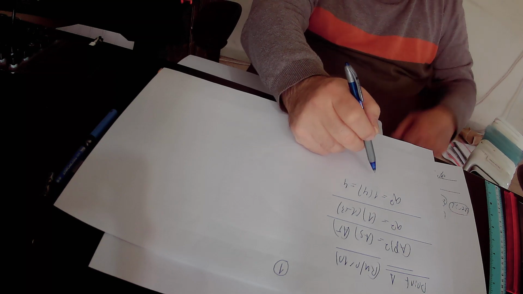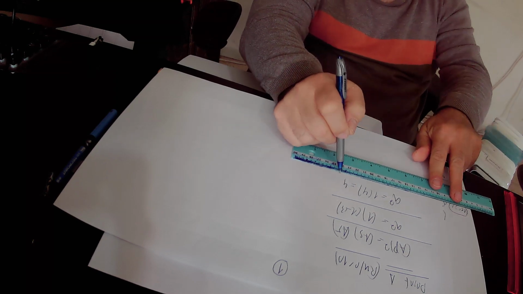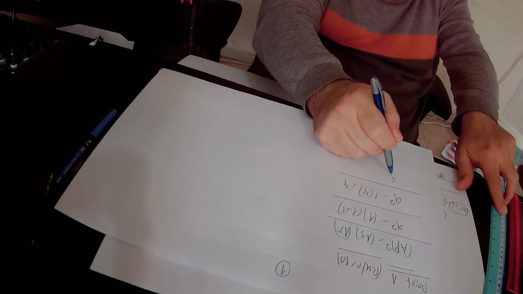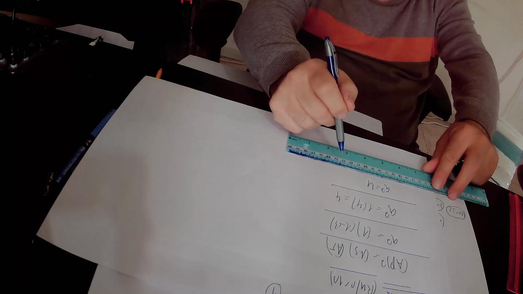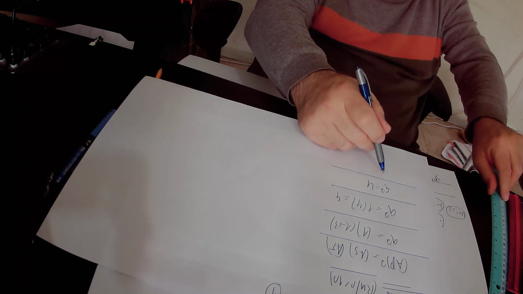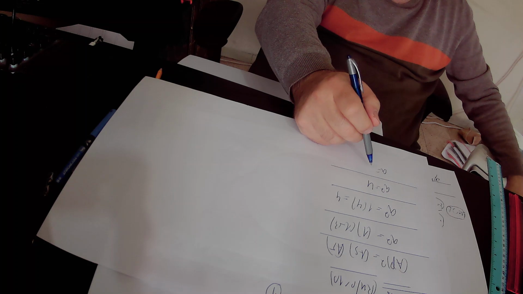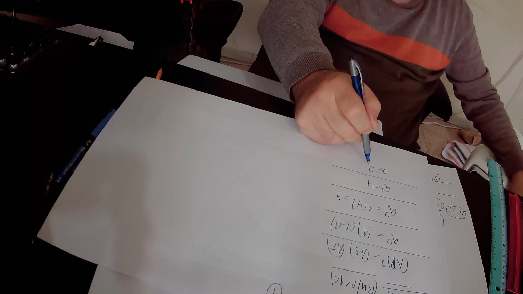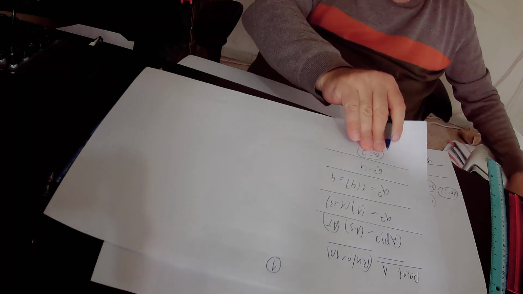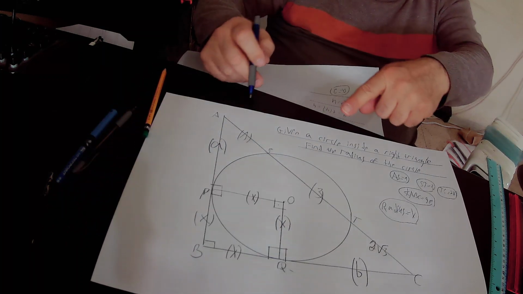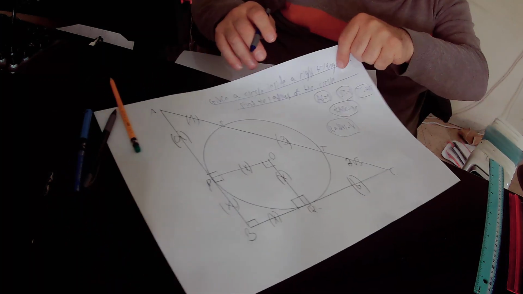So a squared equals 4. Here we take the root of this equation, and finally we get that a equals the square root of 4, that is 2. We actually found out that a equals 2 units in length, so I'll write it down here.